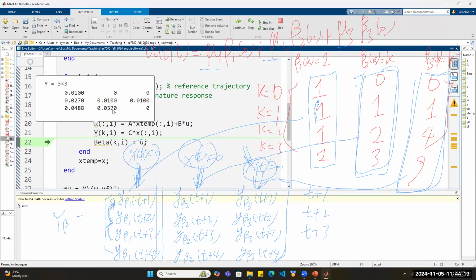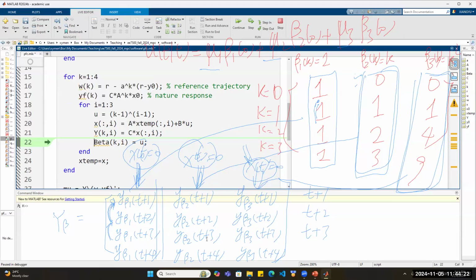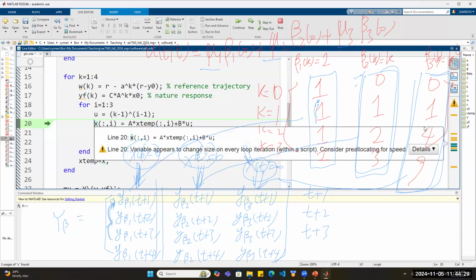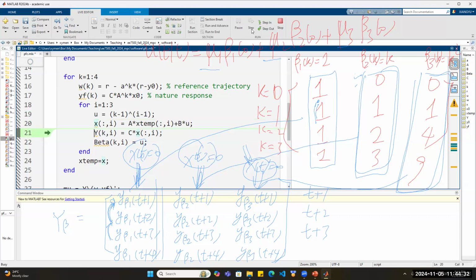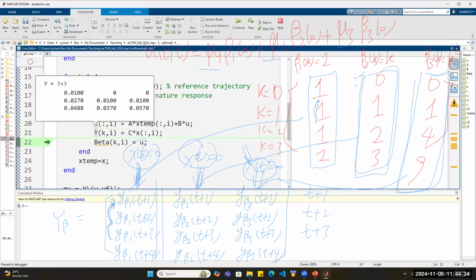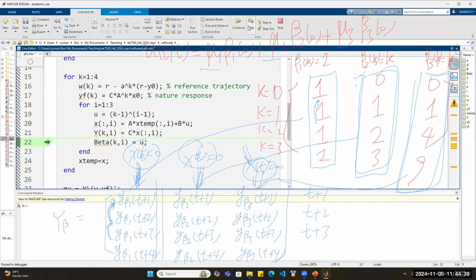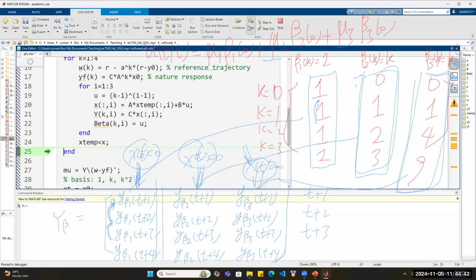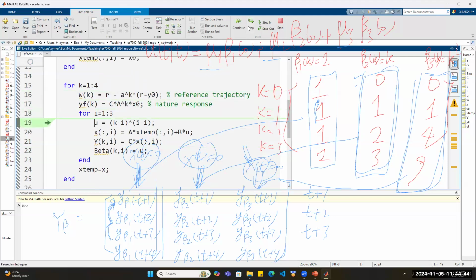Now we calculate this Y beta 2 T plus 3. Beta is 4, so that's the third column. Then this is the Y beta 3 T plus 3. U is 1, first column. So this is Y beta 1 T plus 4.